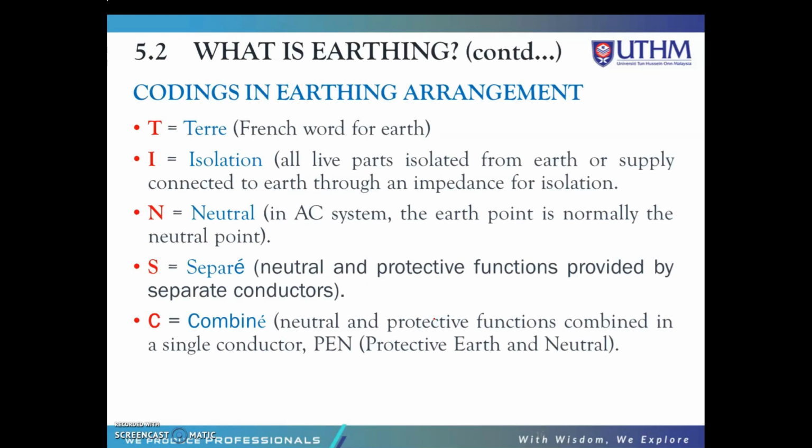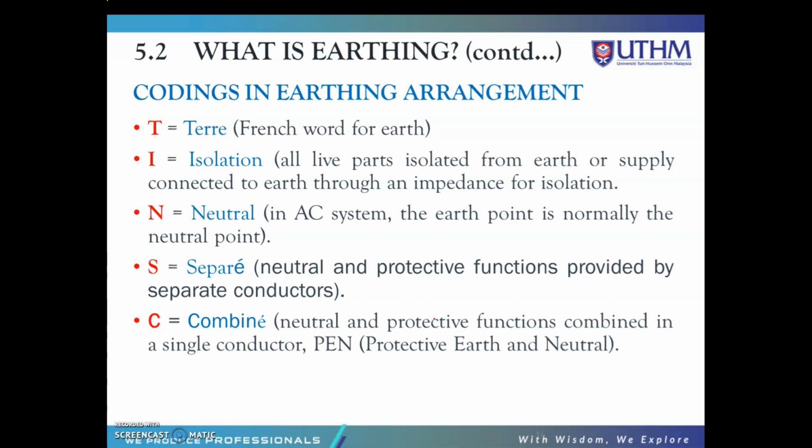Next is the codings in earthing arrangement. Okay, so IEC standard 60364 specifies a 2-letter code to identify the type of earthing. It also defines 3 families of earthing arrangements. Okay, the 2-letter code is based on the source side and also the device side earthing.